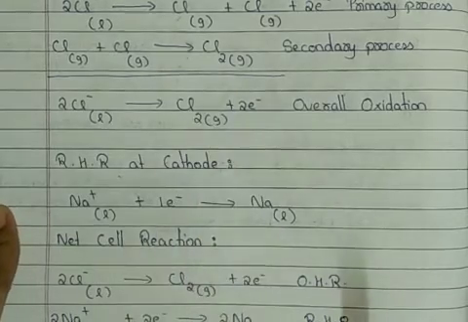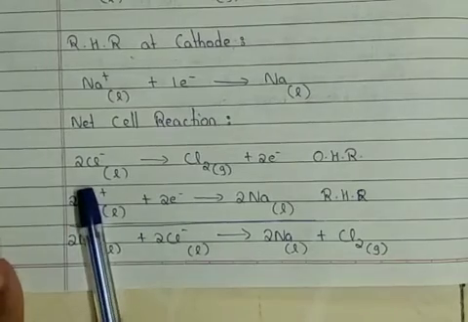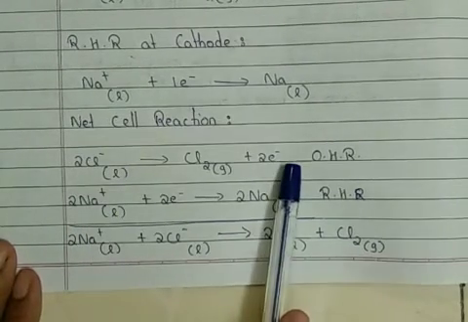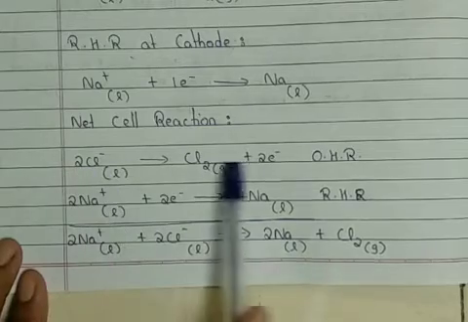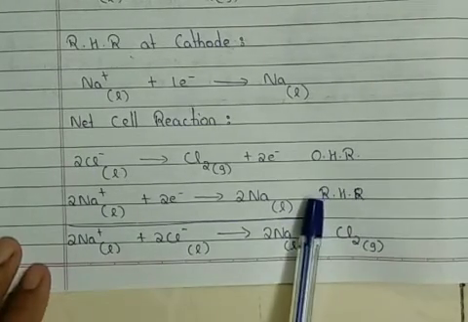The next step is to write down the net cell reaction. While writing down the net cell reaction, we have to rewrite both the half reactions: at the anode, the oxidation half reaction, and at the cathode, the reduction half reaction.